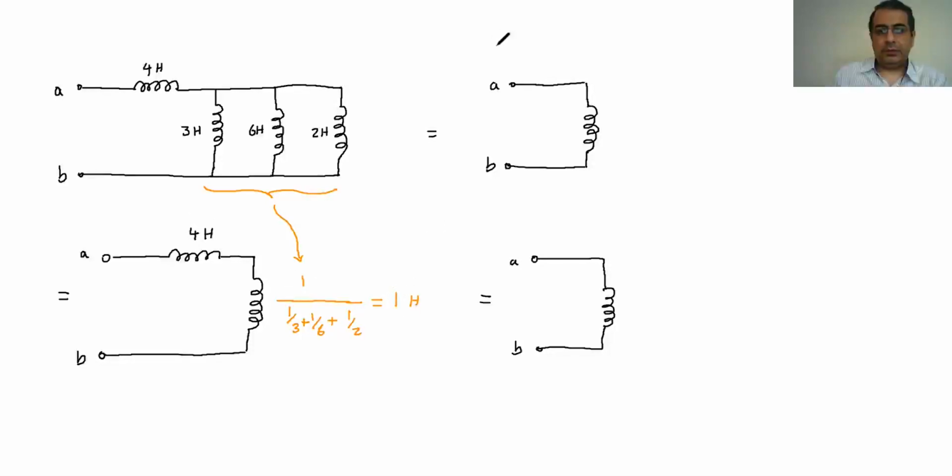So the equivalent one is going to be 4 plus 1, so it's going to be 5 Henries. So it's going to be the equivalent of this circuit here. So we can reduce it to a single inductor.